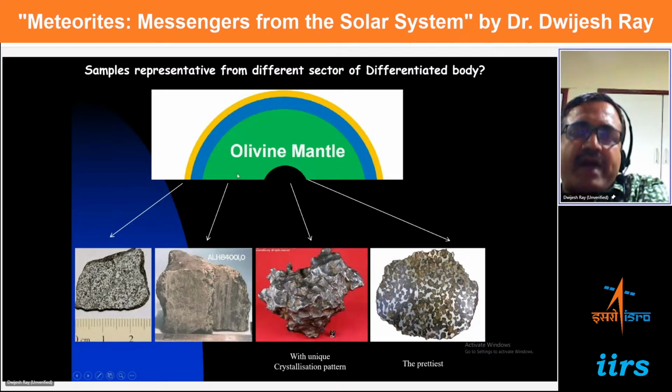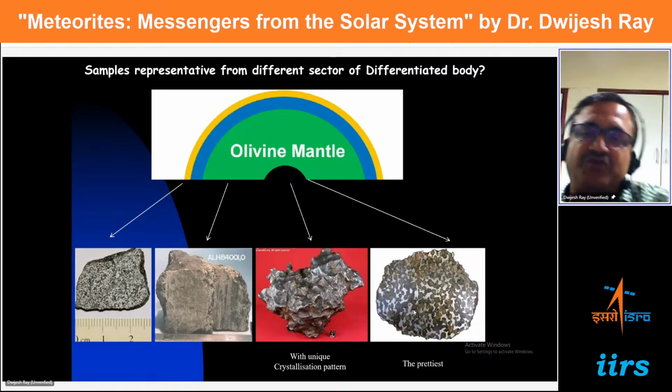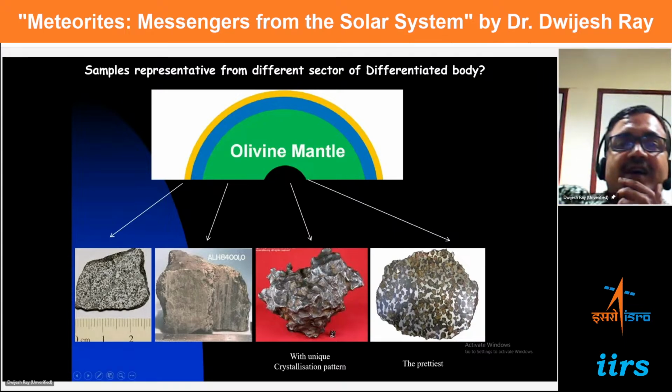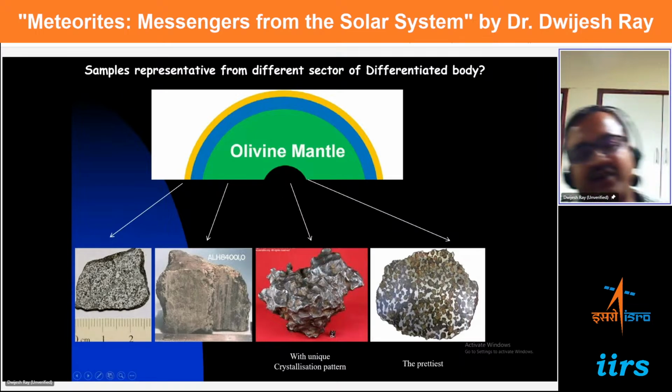It can come from the mantle as well, but if it is an iron meteorite, an iron-nickel alloy, it has to come from the core area, the inner core area. But if there is a combination of both, like we call a pallasite, this is one of the most beautiful meteorites available on Earth. This must have come from the interface between the mantle and core, because you are getting the mantle silicate mineral here as well as the core metals.